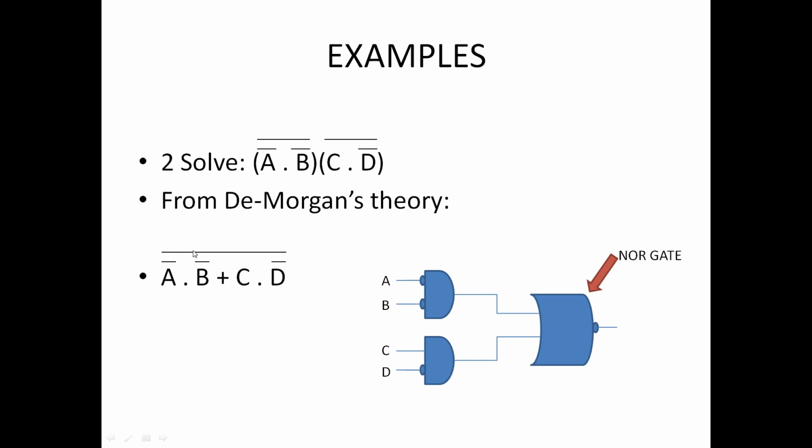That is this big brother here. That's what is at the end, to cover up everything that we have worked for. It negates everything, and it gives you the almighty not of not A and not B, or C and not D. And what do we have here? We have a NOR gate here. Recognize that? All right.